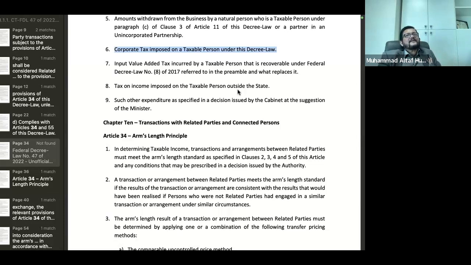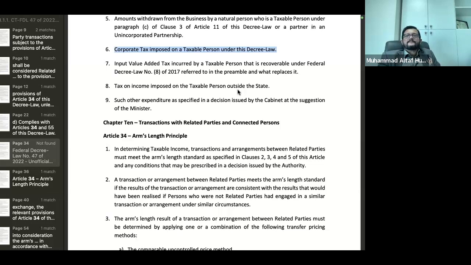Whatever tax you paid in the other country, you treat it as an expense and deduct from the taxable income. But you are not supposed to. Okay, because it's different. They have not mentioned that, only in their decree law they have mentioned. To curb that from happening, Clause 8 is here.